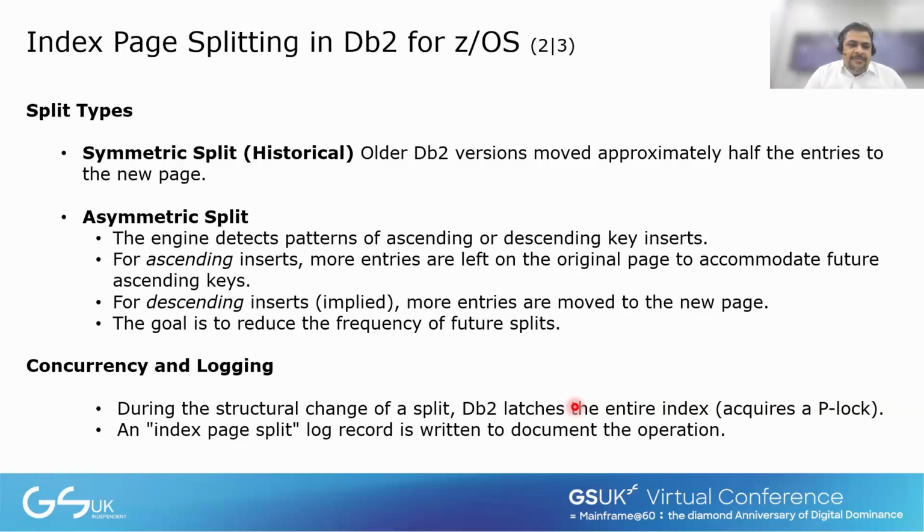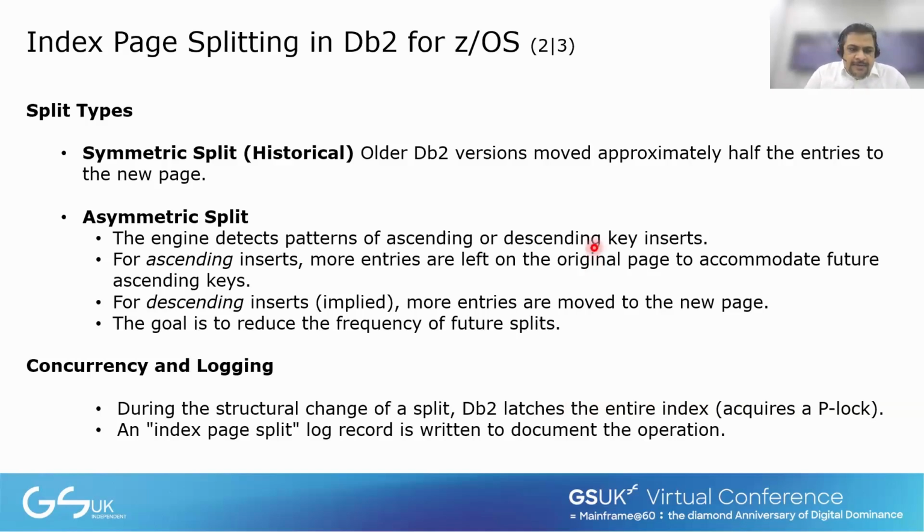If the keys are ascending, then more entries will be left on the original page to accommodate future ascending keys. Whereas if it is the other way, more entries will be moved to the new page. The goal here is to bring down the frequency of future splits. So that's how the asymmetric split happens.